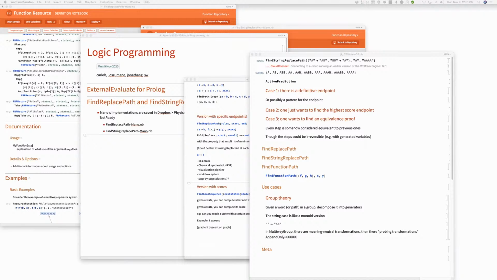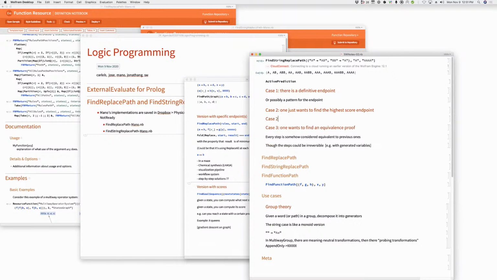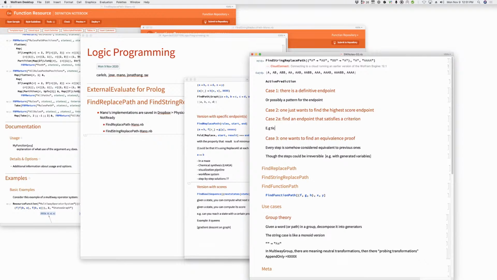Right. Actually, the point. Okay, so there's a case 2A here. Find an endpoint that satisfies a criterion, e.g., tic-tac-toe. Yeah, or for example, the Einstein problems.